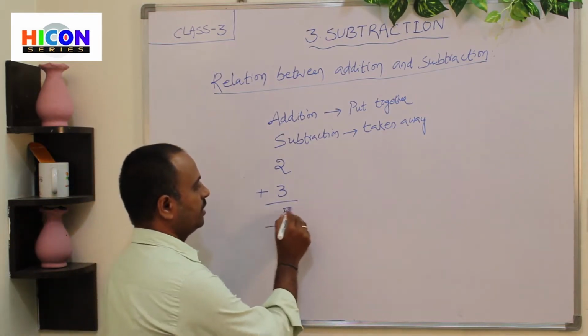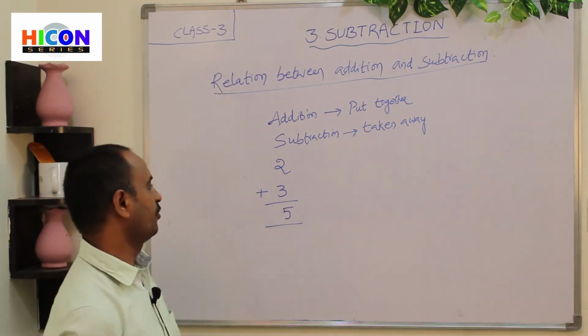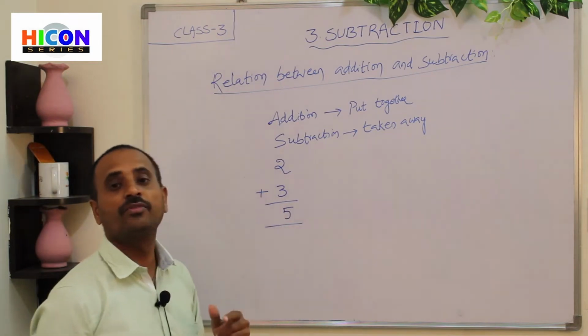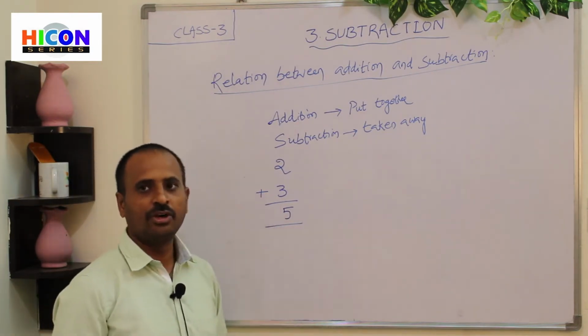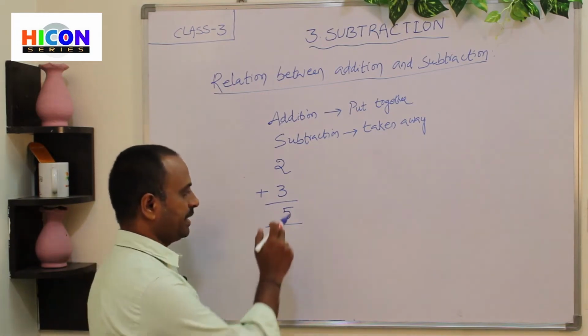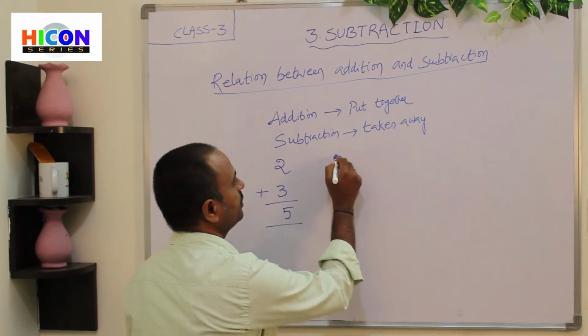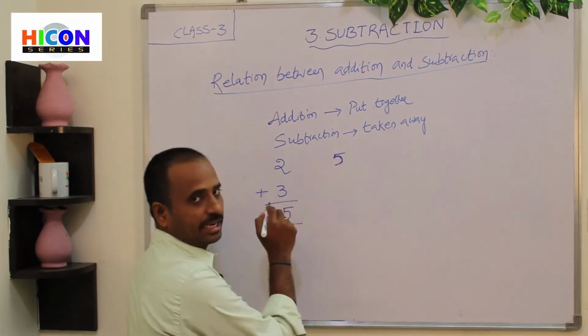You have already learnt in first class and second class how to do these additions. If you add 3 to the 2, you get 5. The sum is 5. So this is called addition. Now, if you subtract from this sum 5, write 5 first and subtract any number.